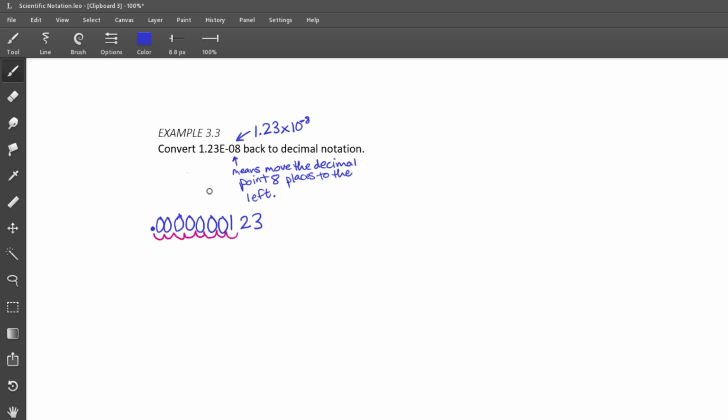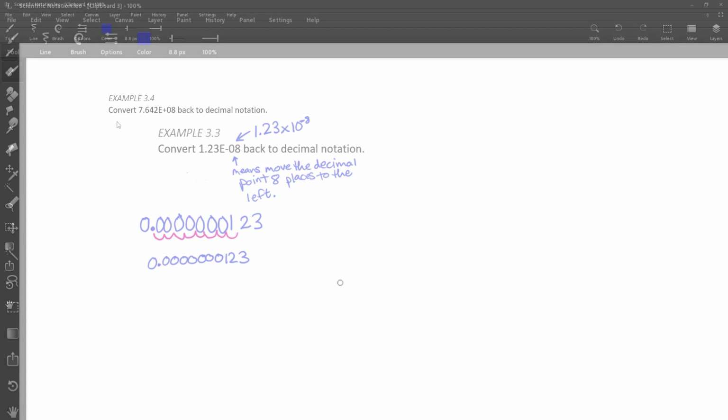So notice the exponent was negative 8, and we now have 1, 2, 3, 4, 5, 6, 7 zeros. So one fewer 0 because we've got to go one more decimal place to get to 8. Many times you would write a 0 on the left-hand side just to make this number look good. But who are we kidding? It looks terrible. And looking at it, you can see why 1.23 times 10 to the negative eighth is preferred for display.